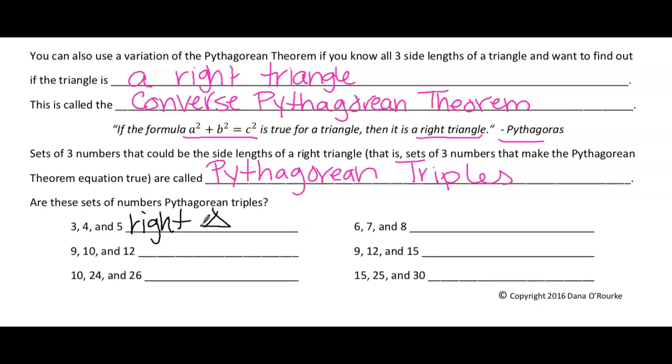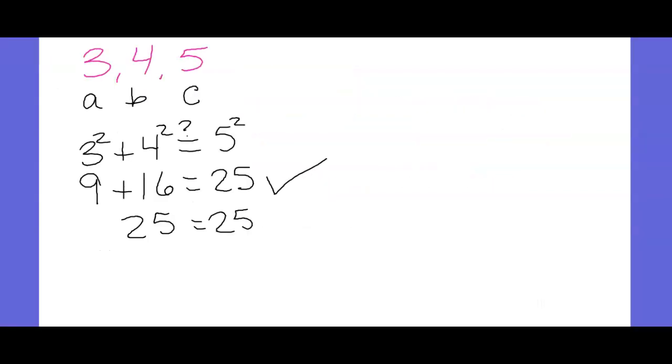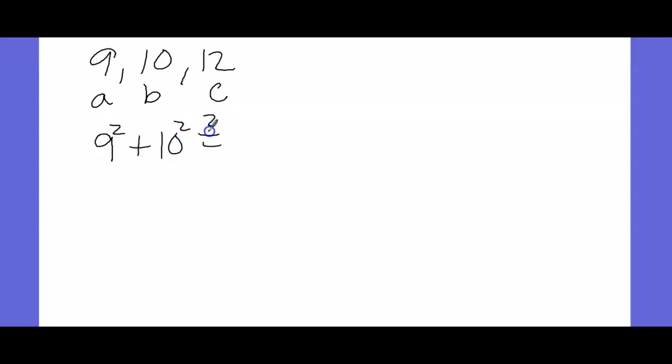Okay, so our next one is 9, 10, and 12. So which one is my C? 12. This one has to be C. It doesn't matter what the other ones are. Okay, so 9 squared plus 10 squared, does it equal 12 squared?